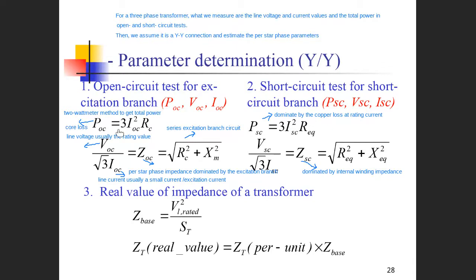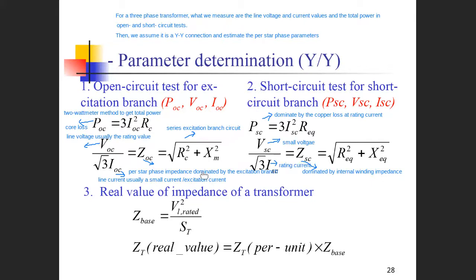While in the open circuit test, the power is dominated by the excitation branch, that is the core losses, at a rating voltage, right? Of course it's nine values, okay?